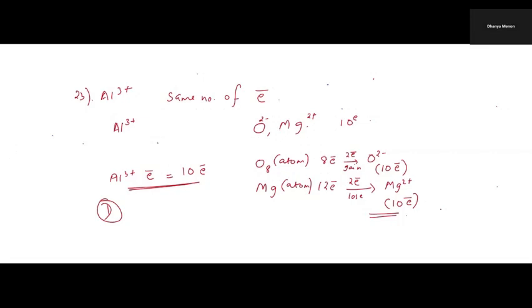Now coming to the 24th one. The minimum energy that must be possessed by photons in order to produce photoelectric effect with platinum metal.